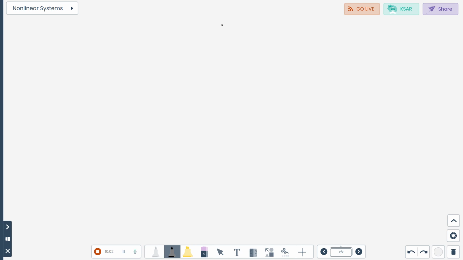Now another example, that of a simple pendulum, and we'll try to model this equation. This is a simple pendulum having a mass m, length L, and pulled by gravity, having gravity g.